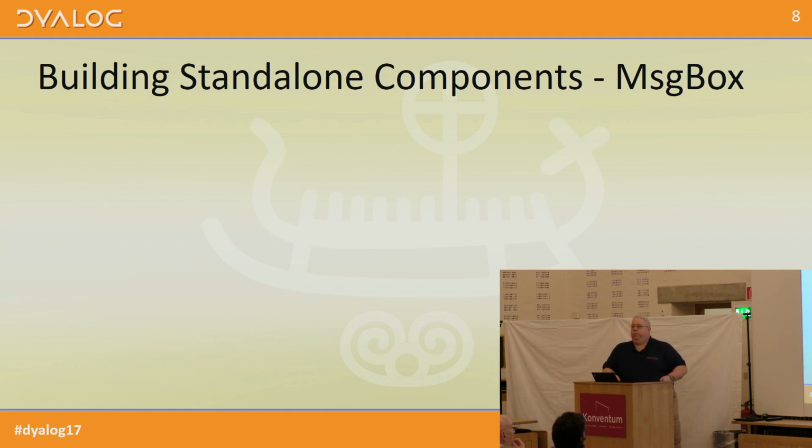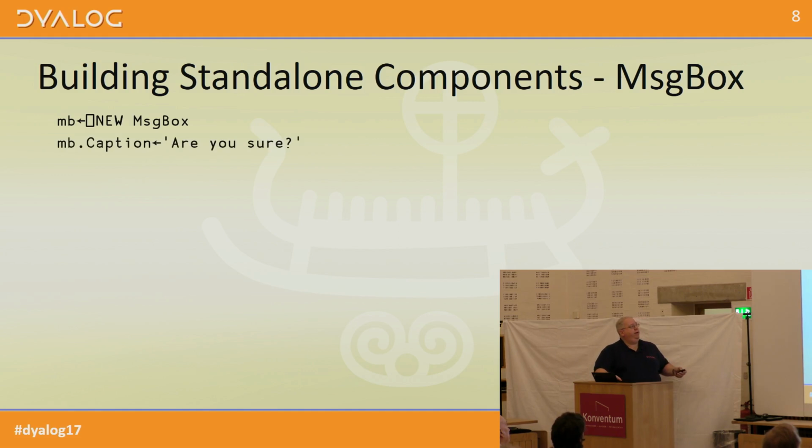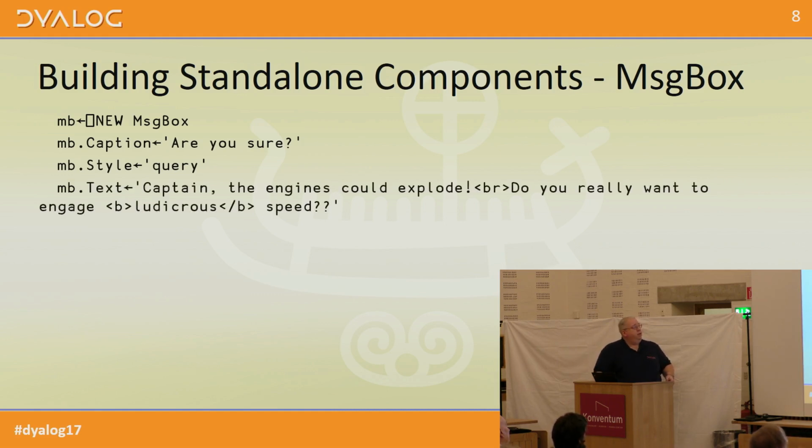Now, another thing you can do with HTMLRenderer is build standalone components. One of the samples that we've built is a replacement for the Win32 message box control. So you create a new message box, you give it a caption, you give it some sort of a style, and it uses the same styles as the Win32 message box. You give it some text.